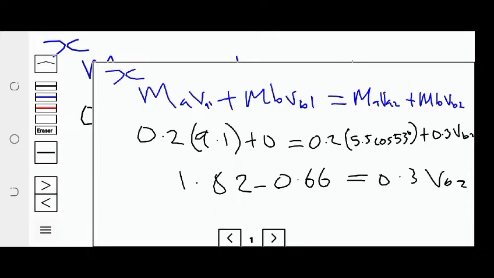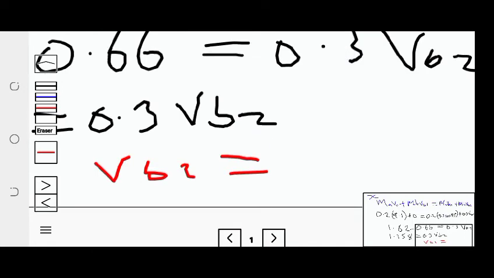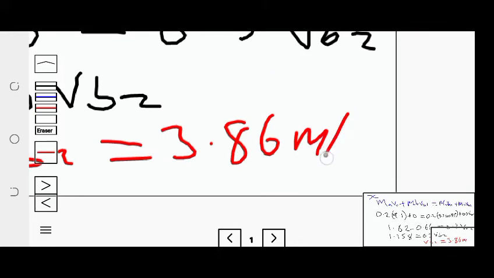So we do subtraction, minus 1.82, we get 1.158, which is equal to 0.3 VB2, and therefore VB2 is going to be equal to 3.86 meters per second.